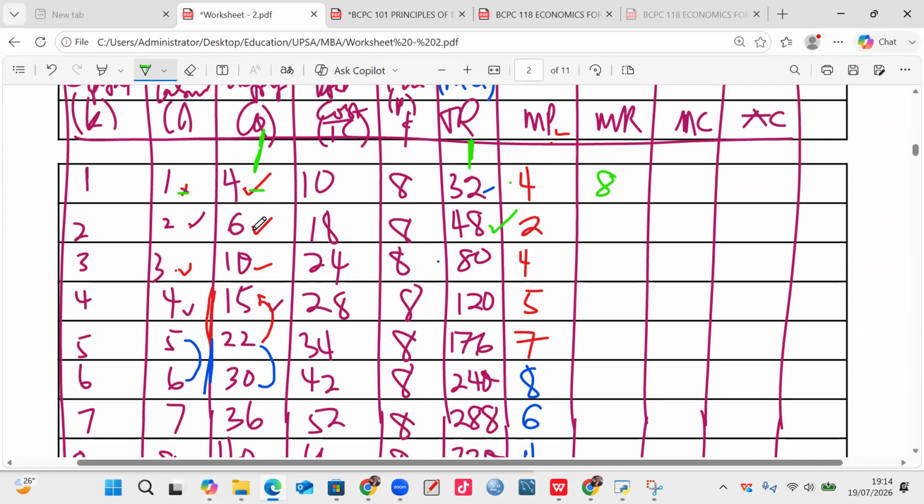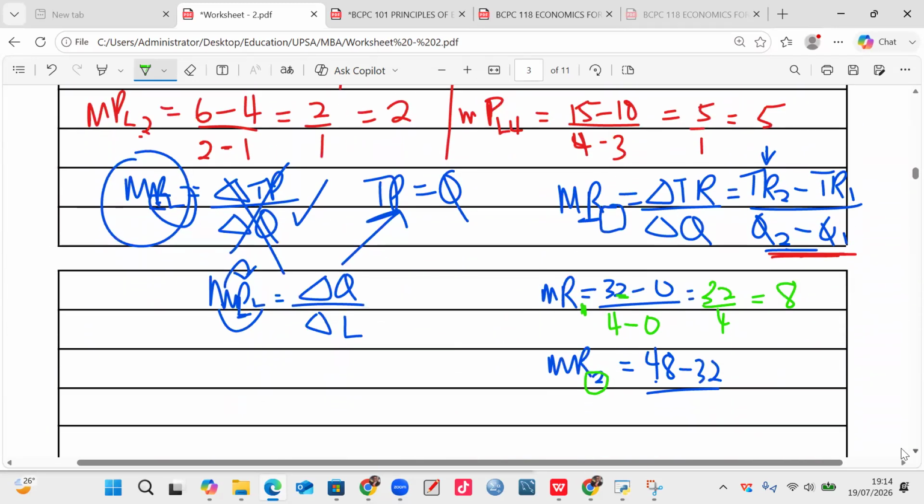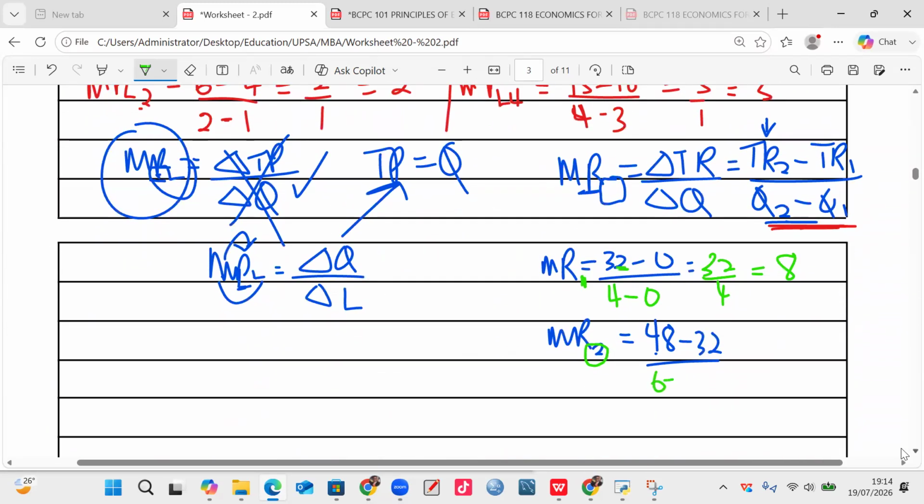We have 6 minus 4. So 48 minus 32, what do we have? 16. Divided by 2. What do we have? 8.